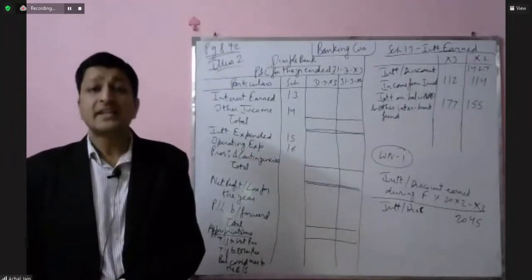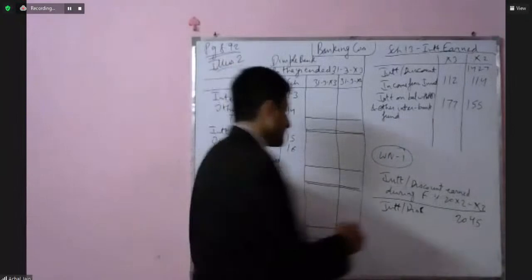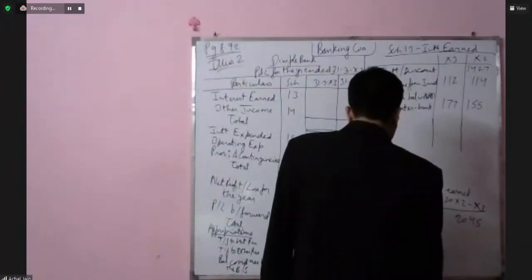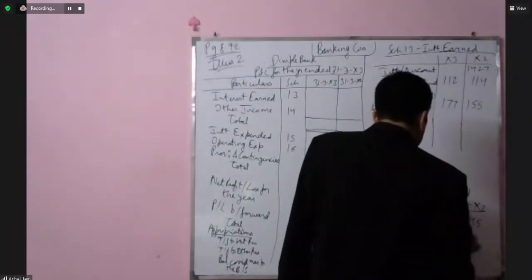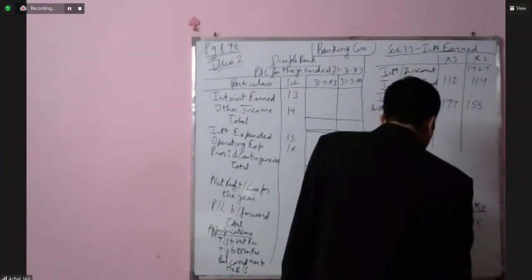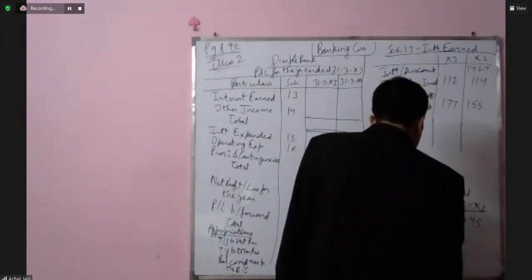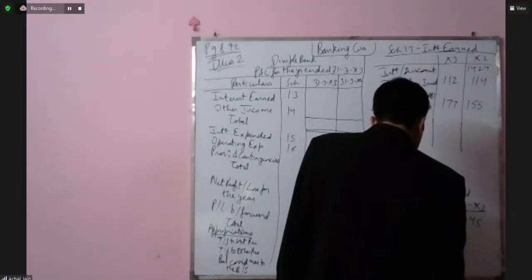Then we will make the adjustments for tax provision, provision for doubtful debts, and loss on sale of investments.